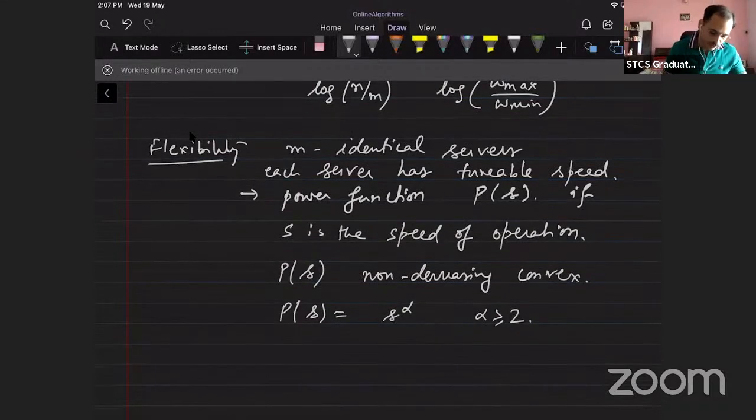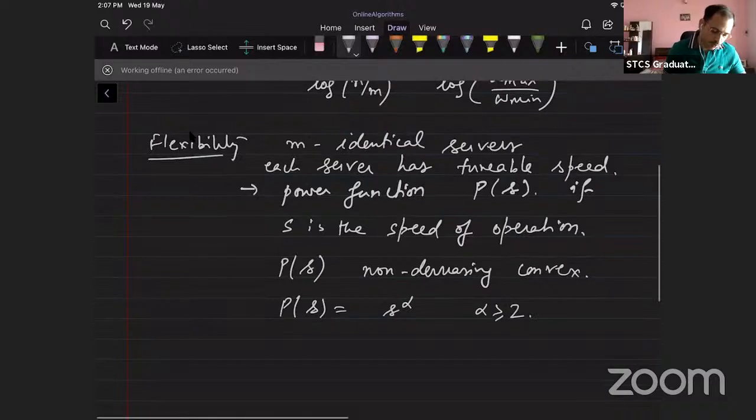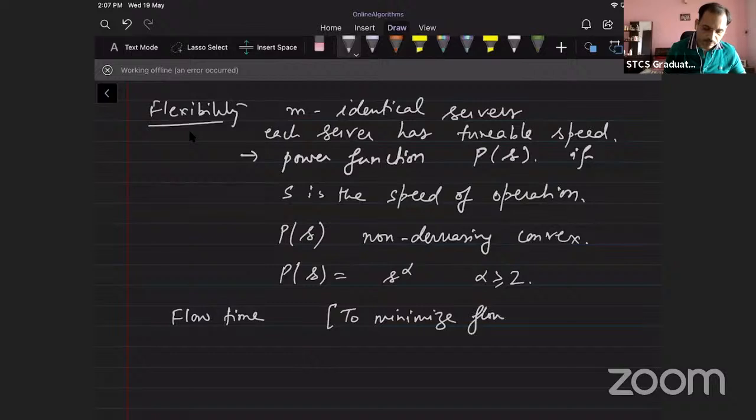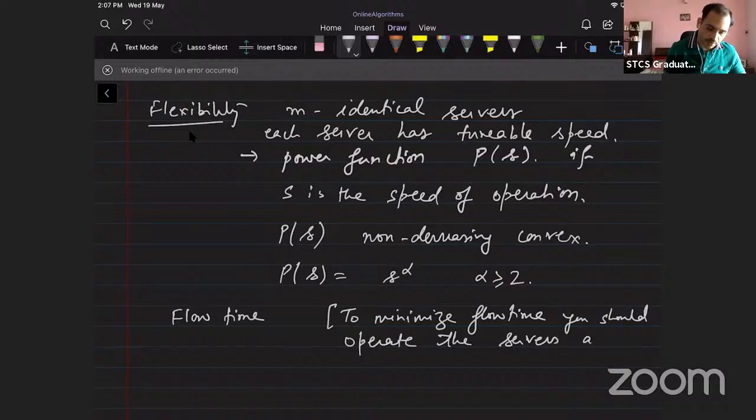So now what do we have? We have two sides to the coin. One is the flow time. To minimize flow time, we should operate the servers at as large a speed as possible.